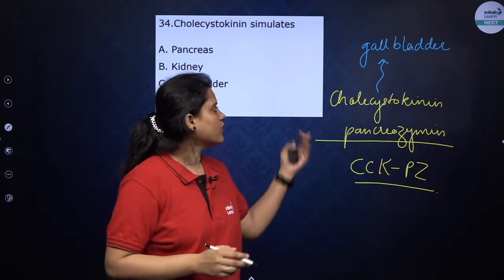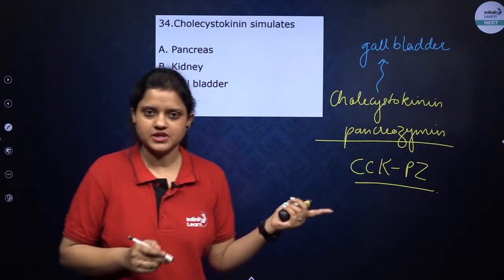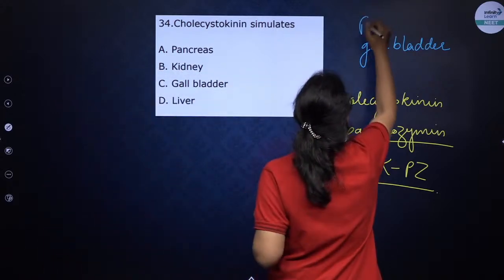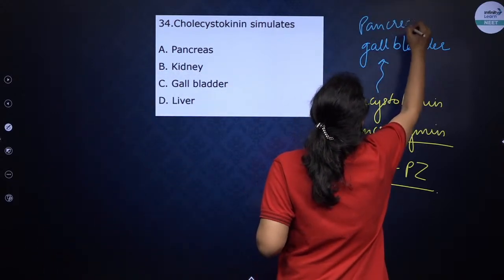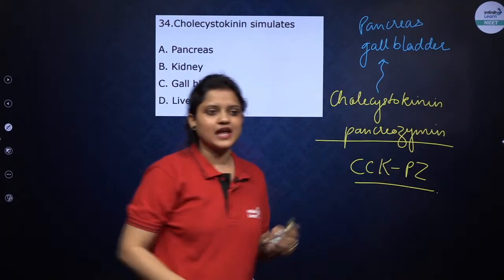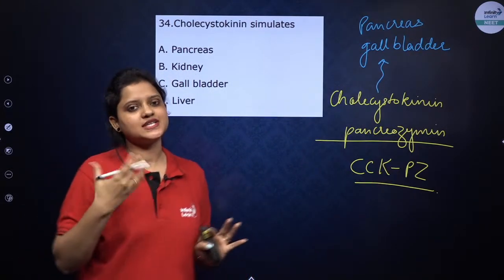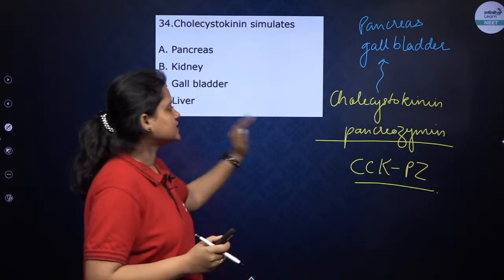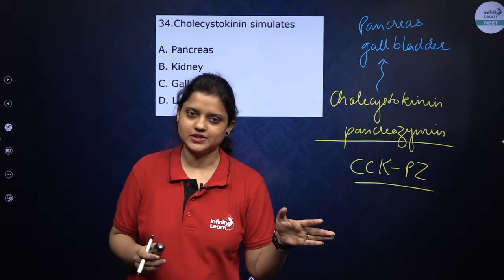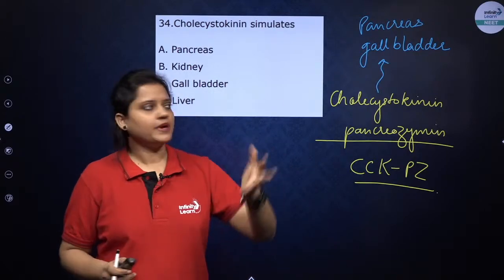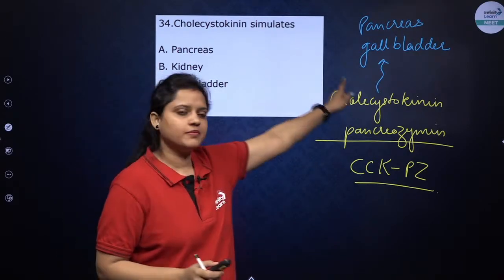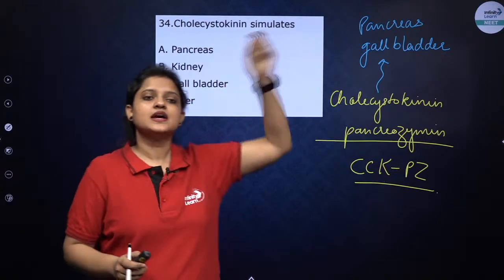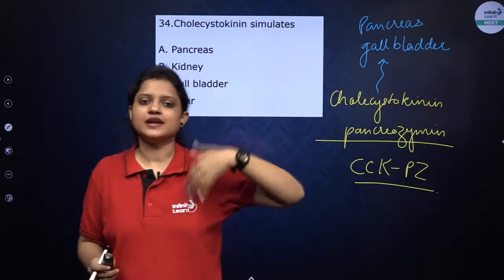The second work of cholecystokinin pancreozymin is that it will stimulate the pancreas and help in release of pancreatic juice, which is rich in enzymes. Very good, Rishi. Right? So cholecystokinin pancreozymin will help in constriction of gallbladder to release bile juice. Also it will act on pancreas to release pancreatic juice rich in pancreatic enzymes.